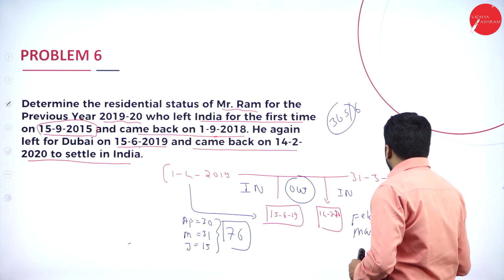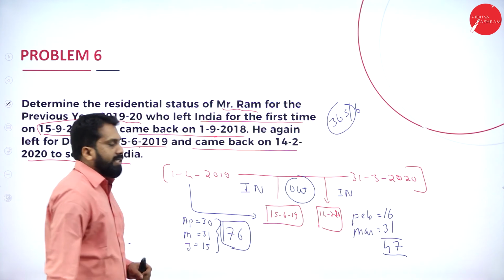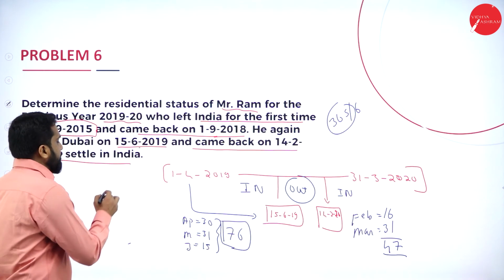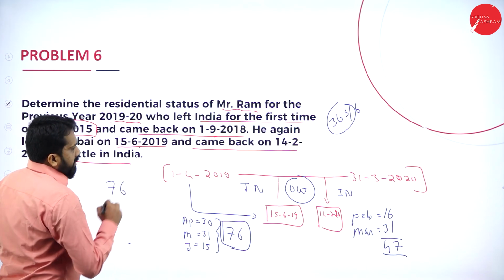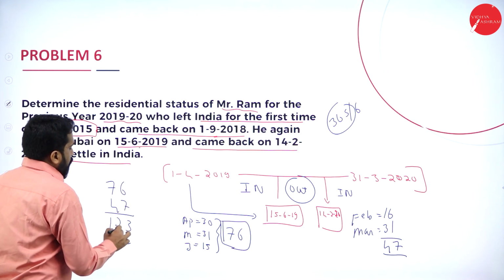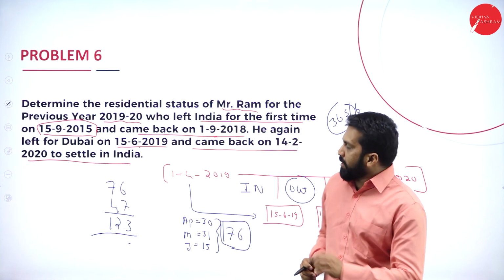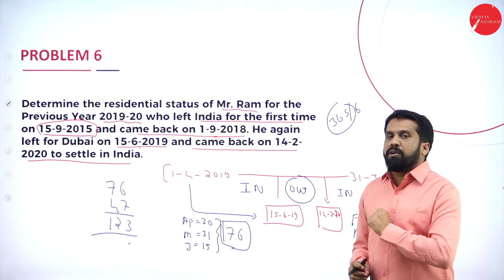Total it will be 47 days. 76 plus 47. How many days? It will be 123 days.